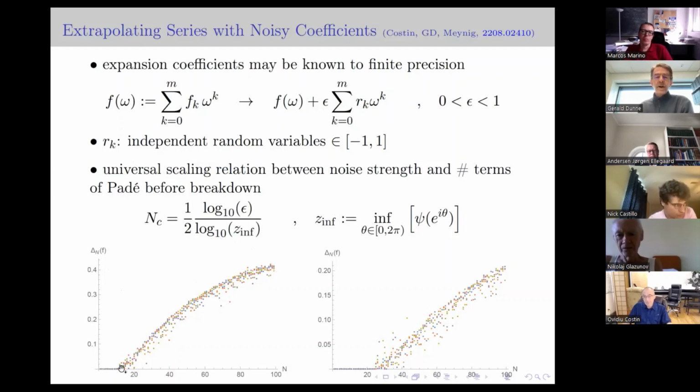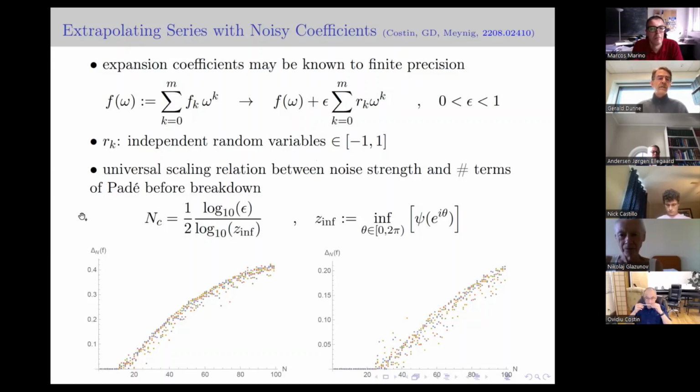It just all falls apart. What that means is, if you try to use Padé to that order in n, you'll just get random distributions of poles that have nothing to do with the actual function you're talking about. And there's a universal scaling: the different colors here are different realizations of the noise, and there's a kink-like transition at a certain point that depends on the magnitude of this noise.